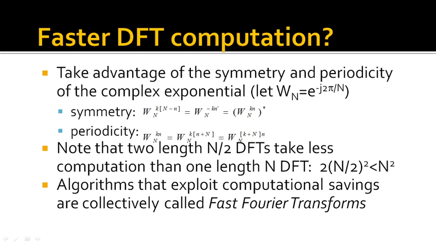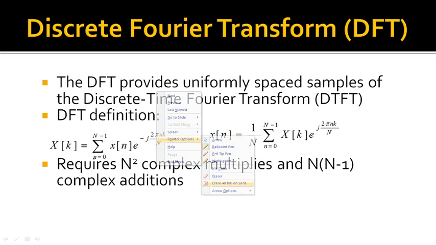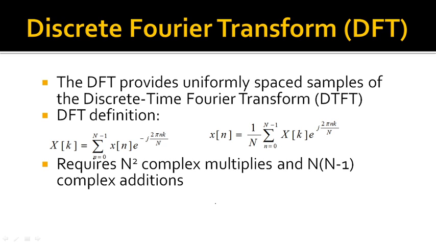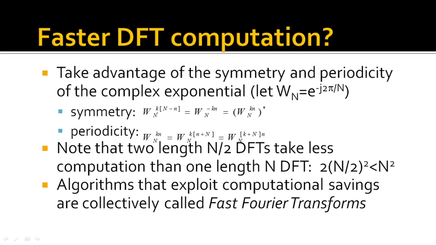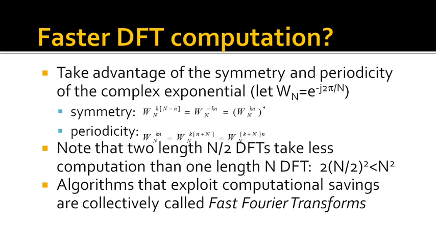We have this formula. I will write W equal to e raised to minus j 2 pi over N, so this is W N, and here I will write the value of k.